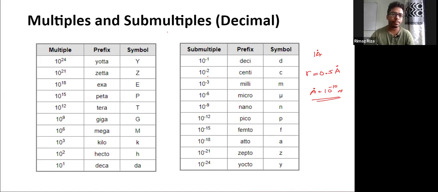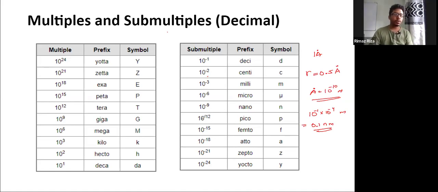That means 10 to the power minus 10. You can write 10 to the power minus 10 as 10 to the power minus 1 into 10 to the power minus 9 meter. 10 to the power minus 9 is nano. So in the range of 0.1 nanometers is the size of a hydrogen atom.